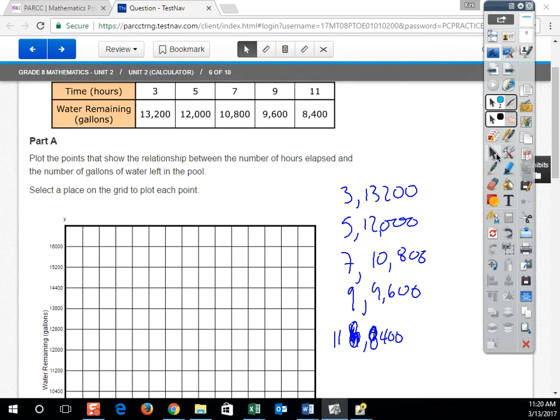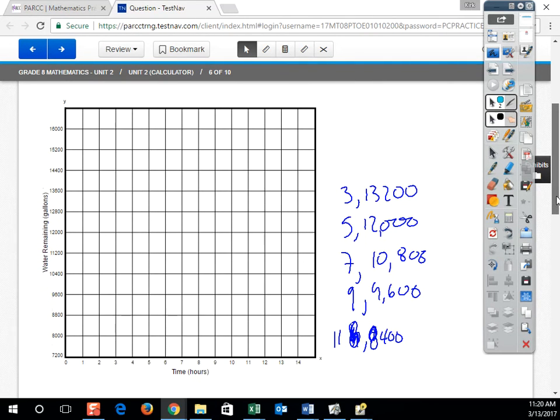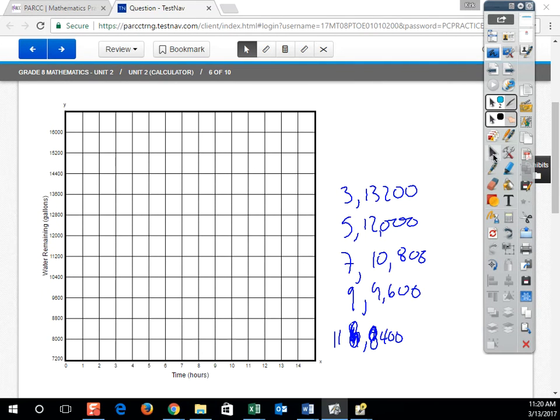And so I'm going to scroll down and let's plot these points. So when x is 3, it's right here because it says time in hours, so we have 3 here. And I go up to 13,200, so we go all the way up. 13,200 is going to be somewhere in here.